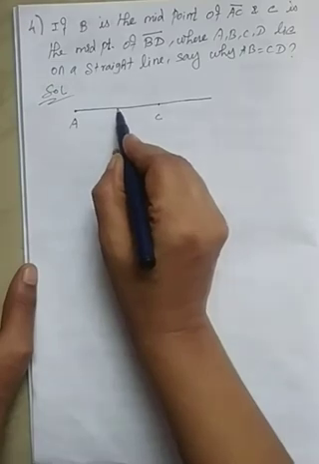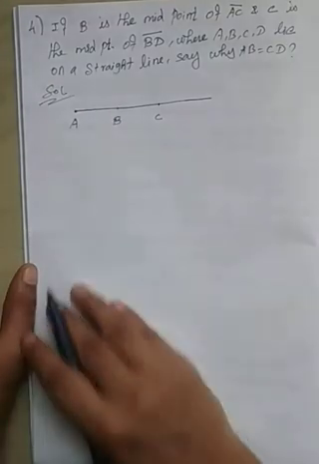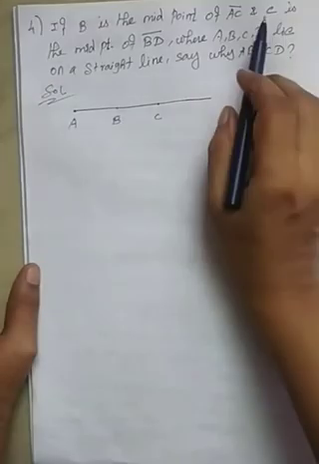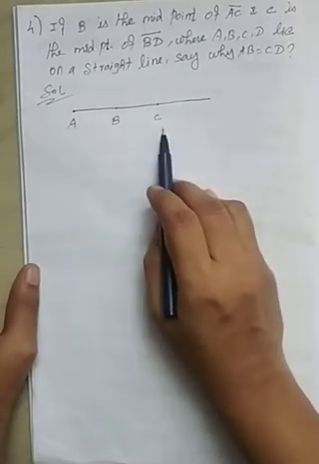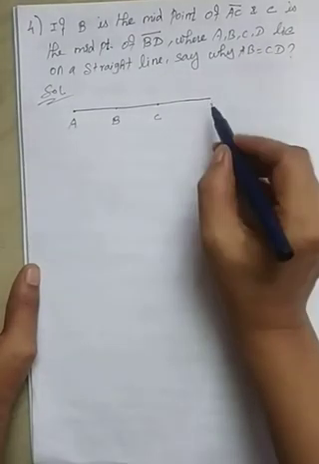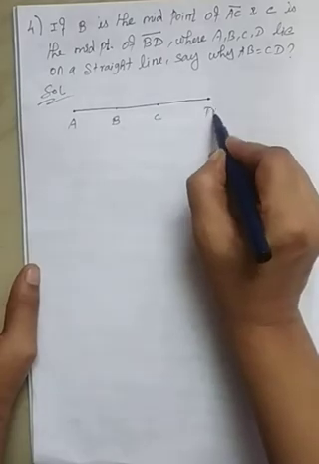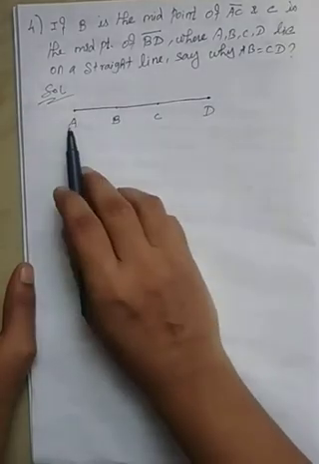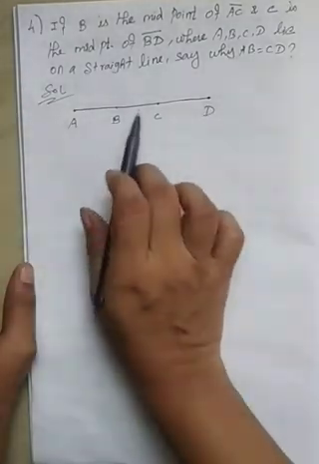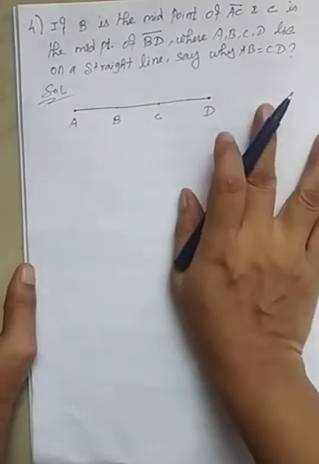So this one is B. Clear? And C is the midpoint of BD. This one is D, when A, B, C, D lie on a straight line, say why AB equal to CD.